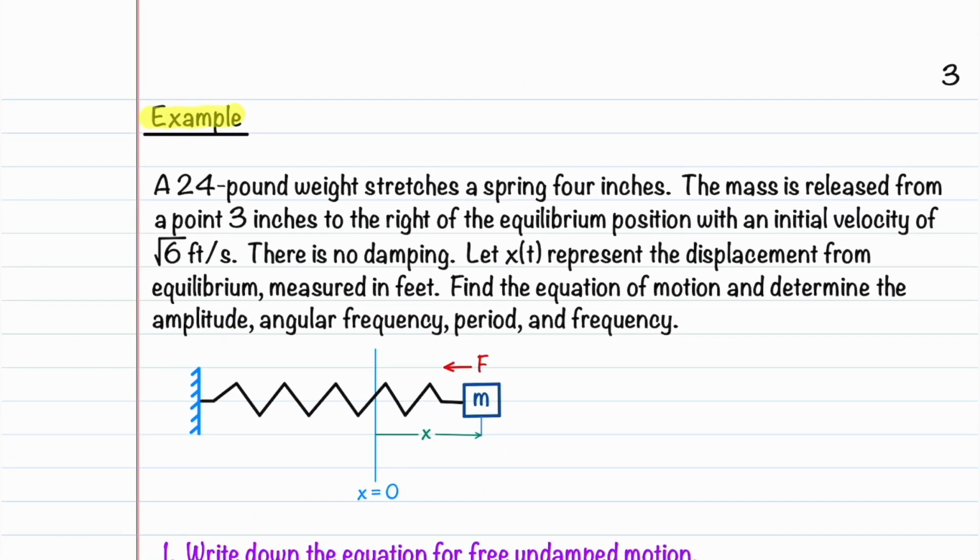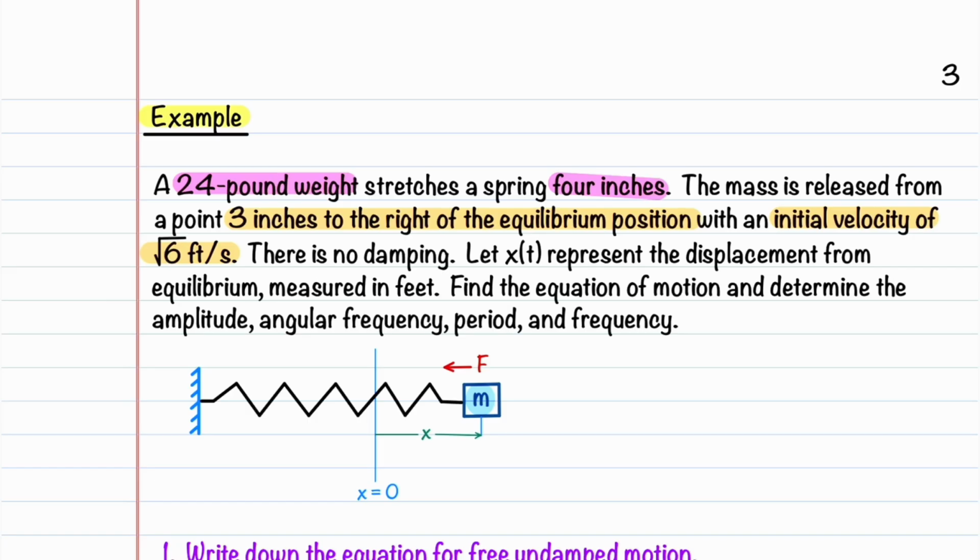Let's now walk through an example of a mass spring system with no damping. A 24-pound weight, represented by this mass in our blue box, stretches a spring 4 inches. The mass is released from a point 3 inches to the right of the equilibrium position, and it has an initial velocity of √6 feet per second.